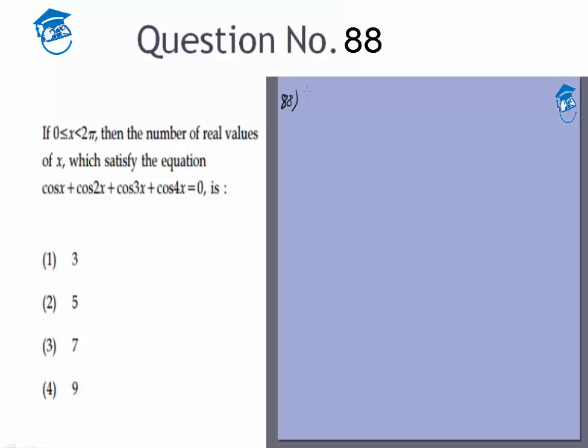For 0 less than x less than 2 pi, cos x plus cos 2x plus cos 3x plus cos 4x is equal to 0. This is what we want, right?